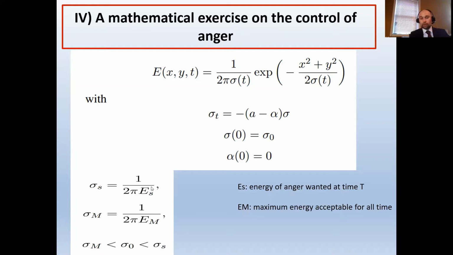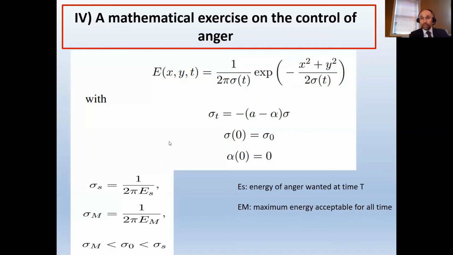So what I want is that ES be smaller than E at time 0, meaning that I want the final energy of anger to be smaller than the energy of anger at time 0, 0 being the time at which I recognize the anger.